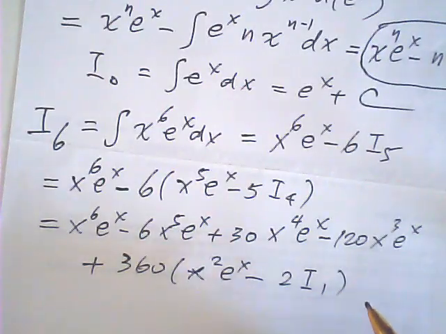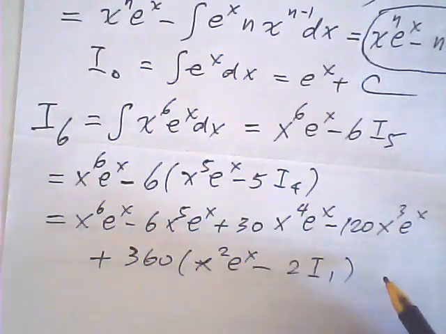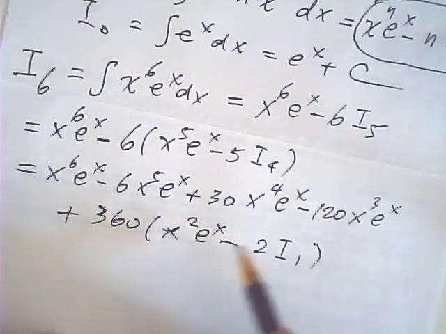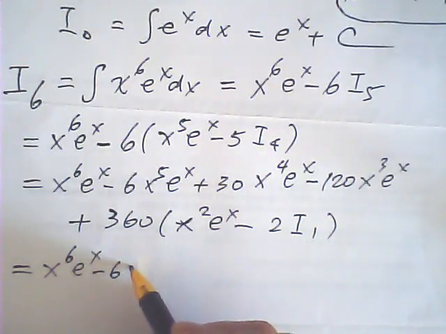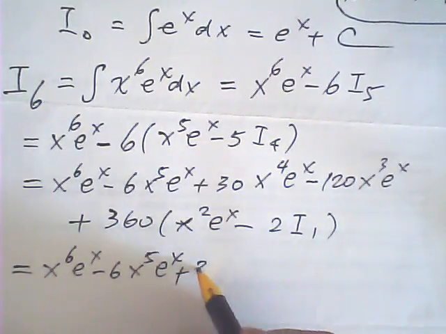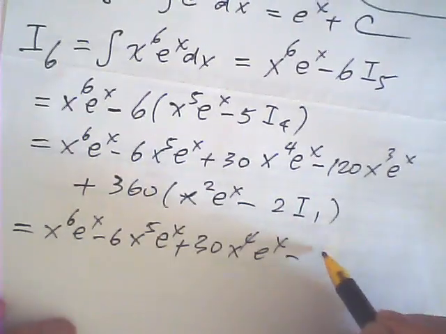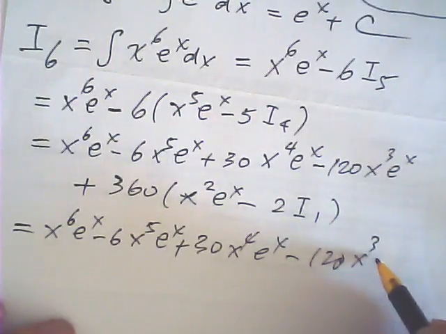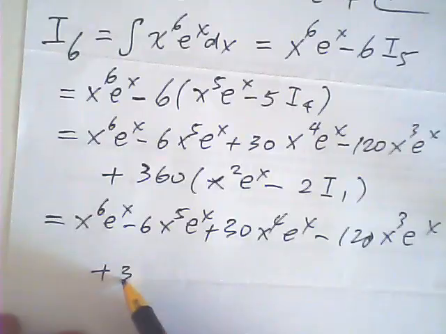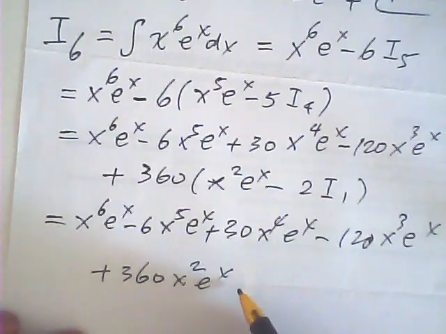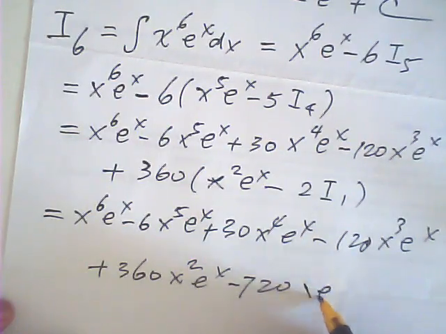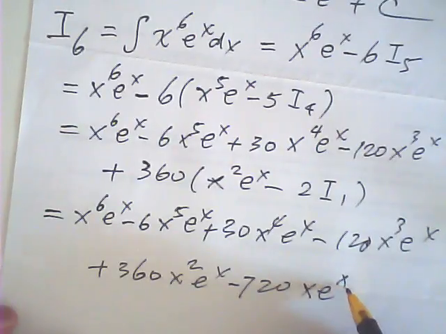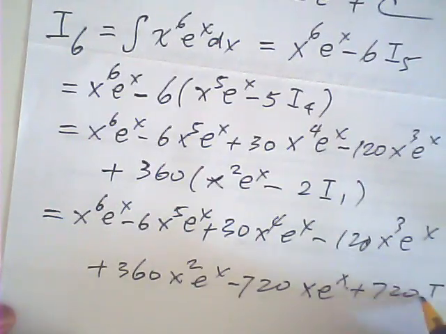And I1 I can continue. This was equal to x^6 e to the x minus 6 x^5 e to the x plus 30 x^4 e to the x minus 120 x^3 e to the x plus 360 x squared e to the x minus 720 times x e to the x and plus 720 I0.